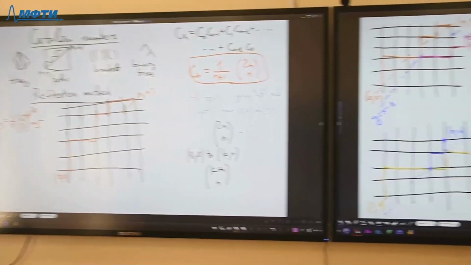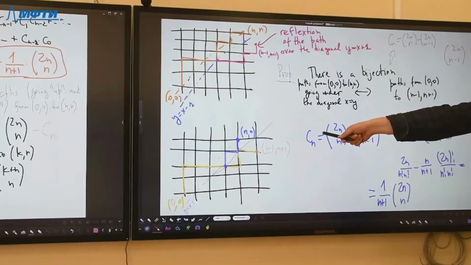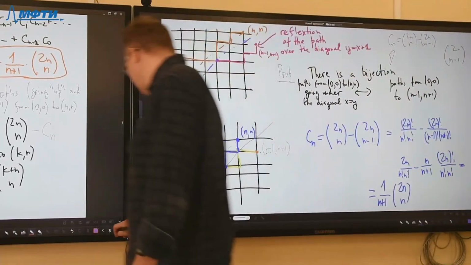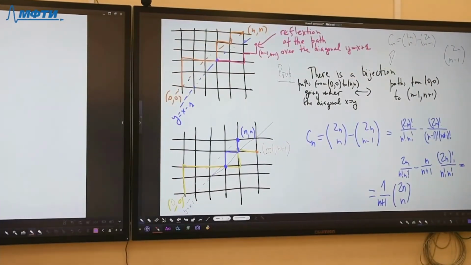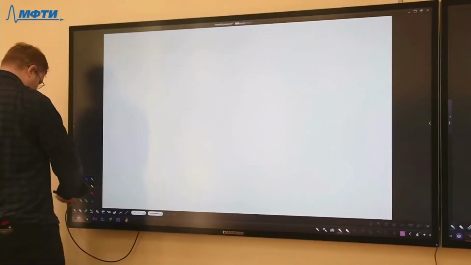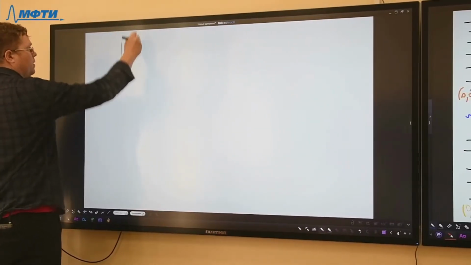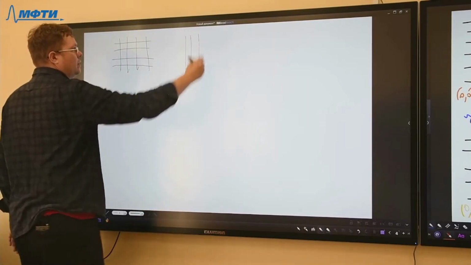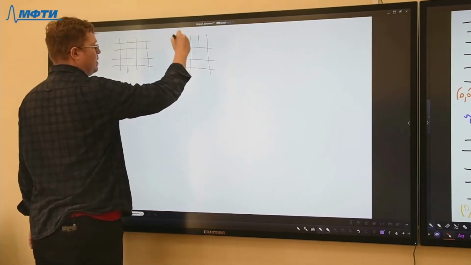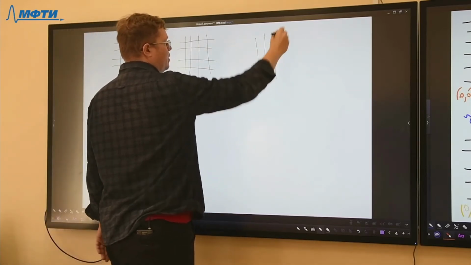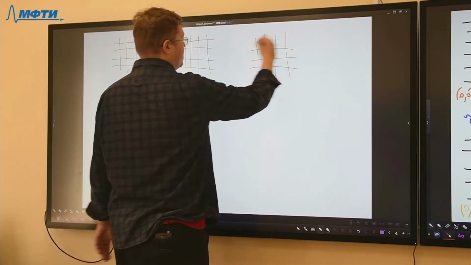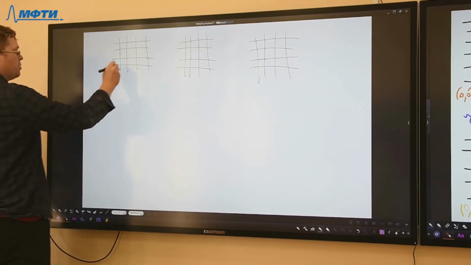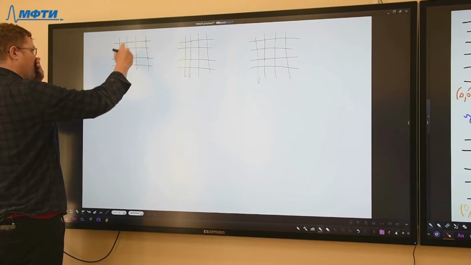Okay, do you understand this, or do I need to write different pictures here? I can, if you want an illustration for the reflection method, draw different paths going from 0, 0 to 3, 3 going under the diagonal.